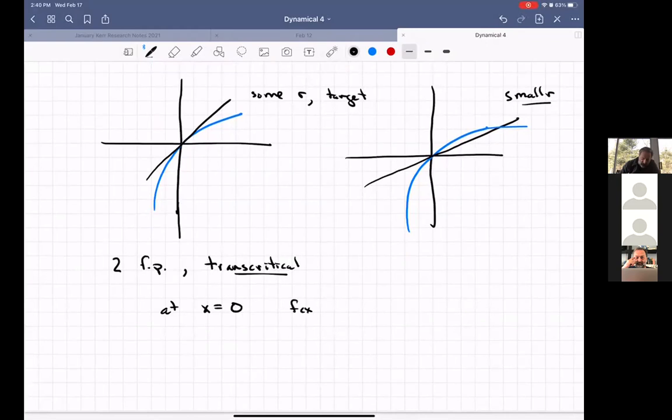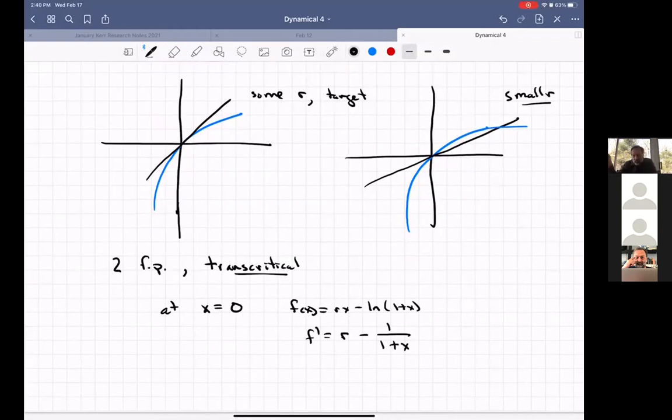So f of x was rx minus the natural log of 1 plus x. So f prime is r minus 1 over 1 plus x, the derivative of the log of 1 plus x.